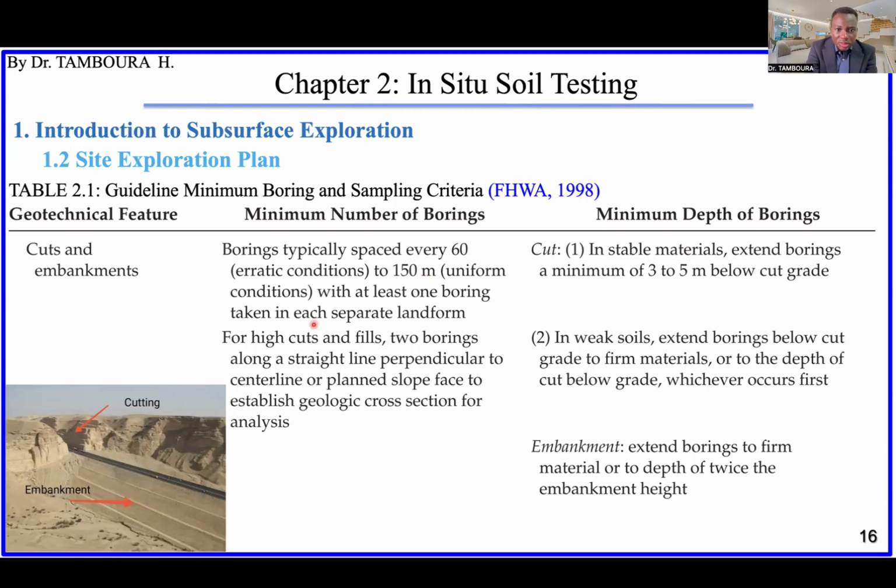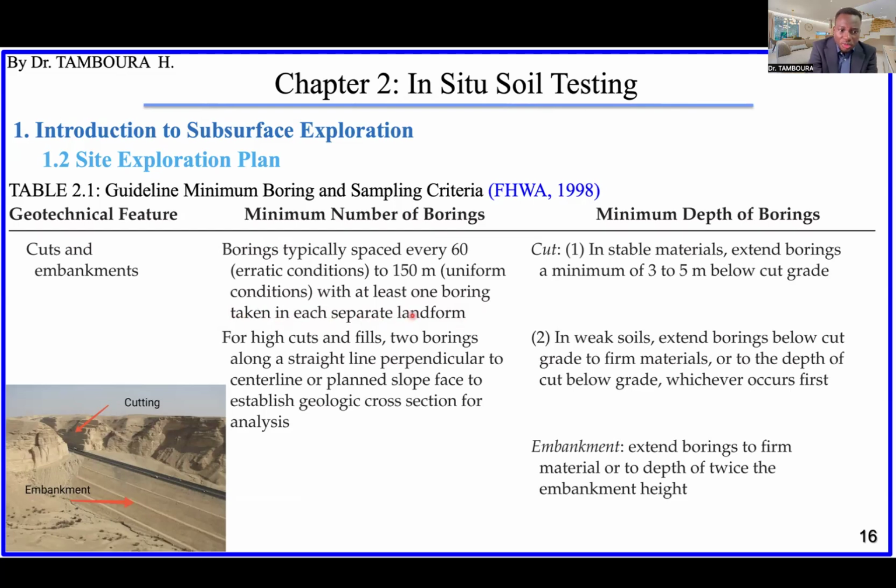Okay. This is the requirement for the spacing and the number, because the spacing is associated with the number of borings, with at least one boring taken in each separate landform.